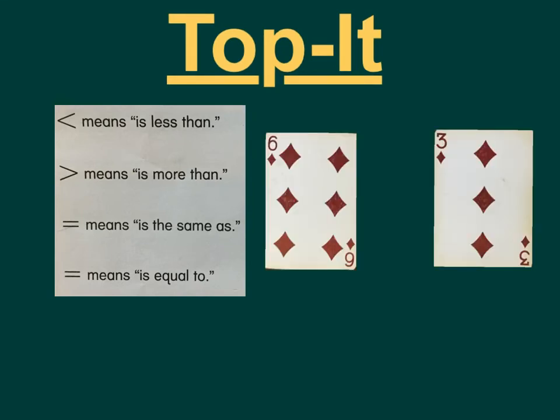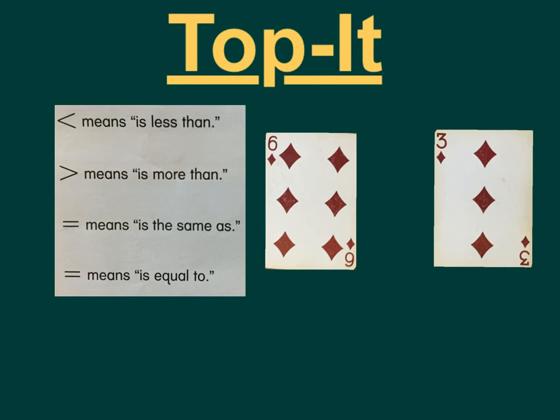To play, you and your partner will both flip over a card. I flipped over the number 6, and my partner flipped over the number 3. Now, just like normal Top It, we're going to decide which card is bigger, and they're going to be the winner. But before that, I need to decide which symbol I'm going to use to compare these numbers.